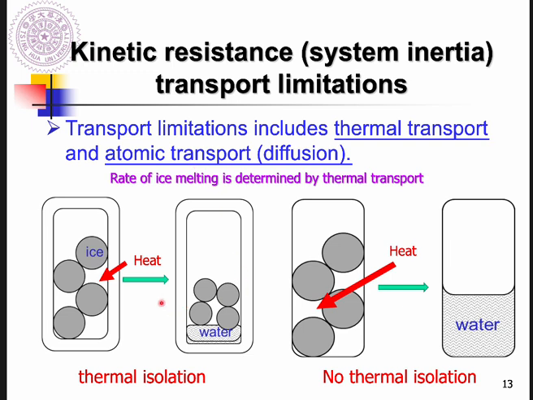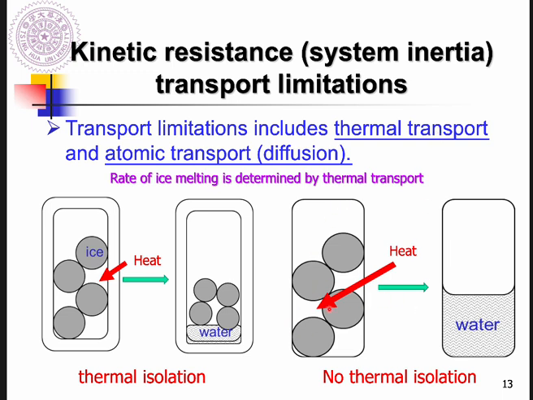For example, as long as the ice cube absorbs the heat, it starts melting, right? So the first step is absorbing heat from the environment. This is regarding thermal transport.